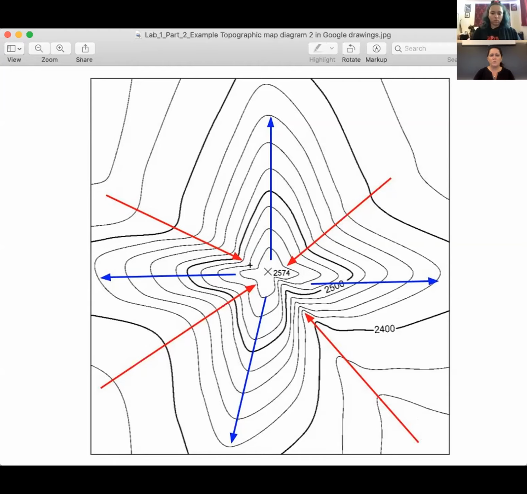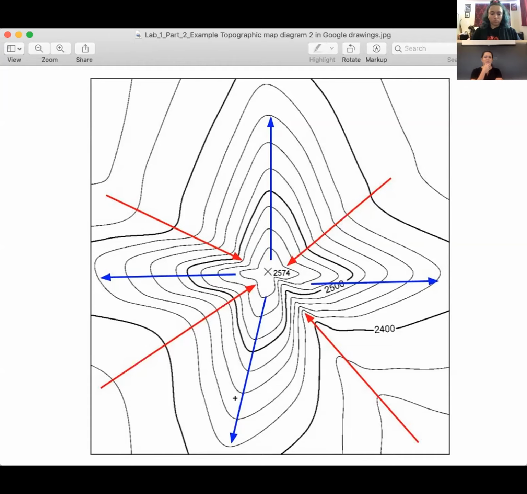And so when you look at this hill, this mountain, it's definitely steeper here compared to the others. And look down. So down this red arrow, it looks pretty steep because they're closely spaced. Looking down this blue arrow, it's further apart compared to either side. The contours are spaced further apart compared to either side.